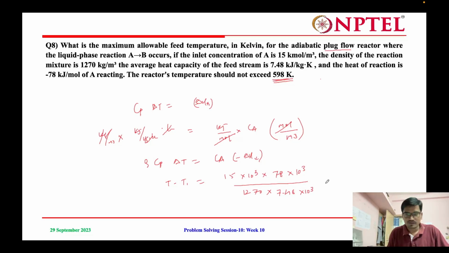So it is 123.16 Kelvin. Now calculate the initial temperature. We know the final temperature is 598, so the initial temperature is 474.83 Kelvin.